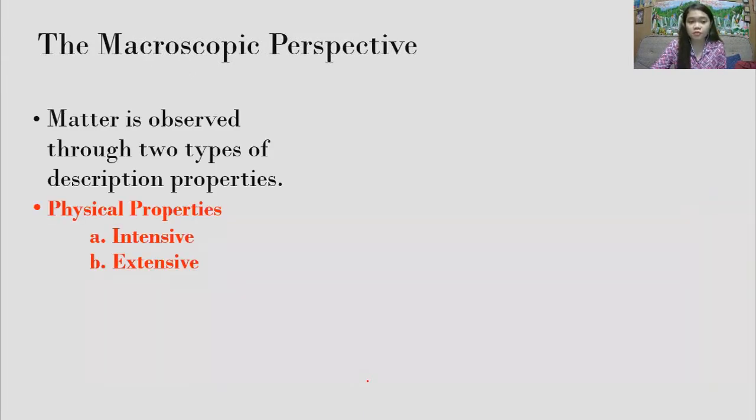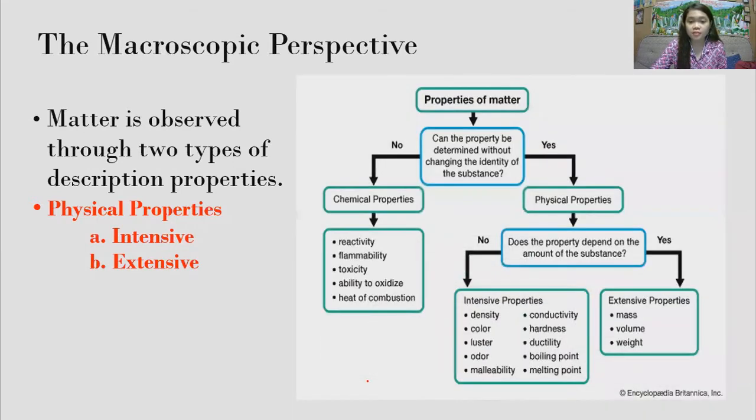Matter is observed through two types of descriptive properties. These are the physical properties. For physical properties, you can determine these if the property of the matter can be determined without changing the identity, composition, or structure of the substance.